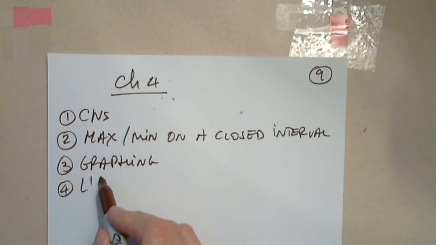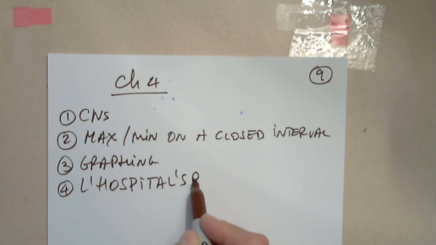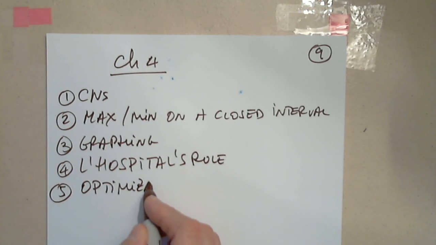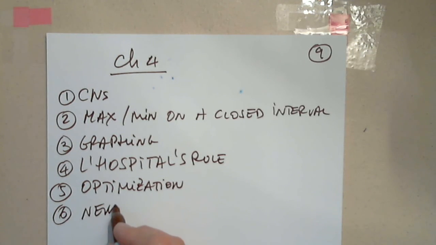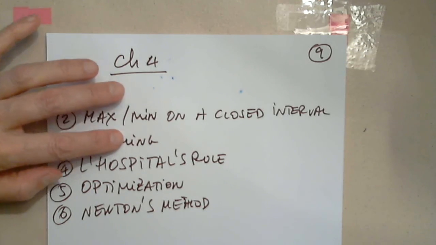Number 4, L'Hopital's rule. Number 5, optimization. And number 6, Newton's method.